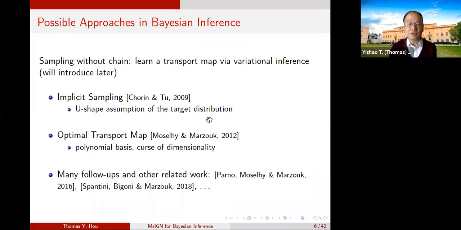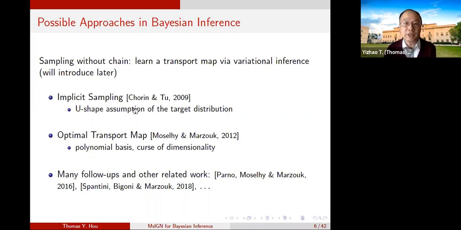There he introduced a map that maps a very simple, easy to sample distribution into your targeted distribution. Once you can construct such a map, then it is very easy to generate samples, right? But on the other hand, his original method required the target distribution to have certain nice geometry. For example, a U-shape assumption, more like convex, locally convex in some sense.